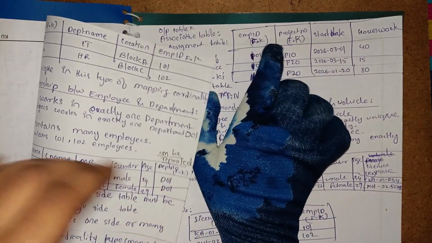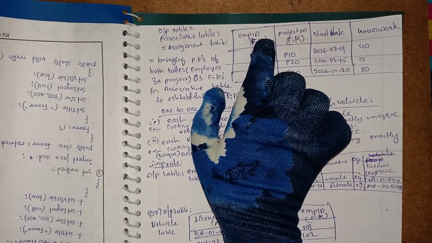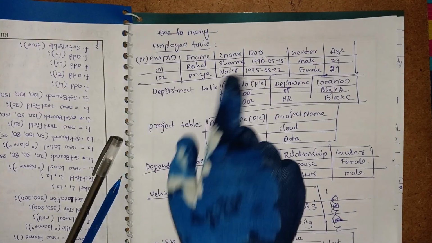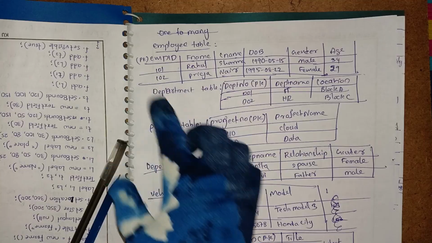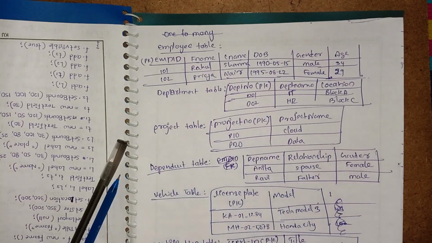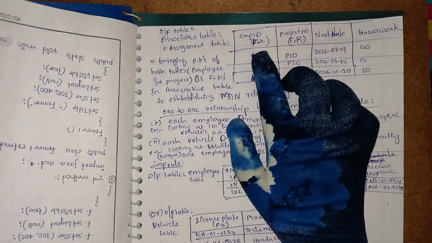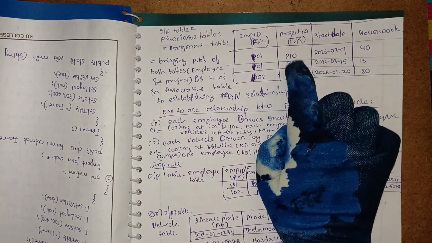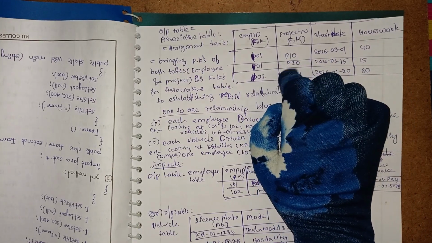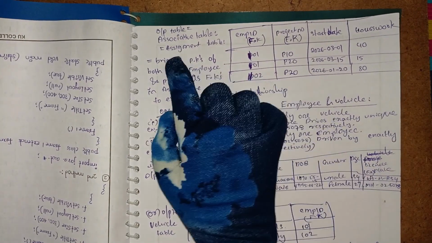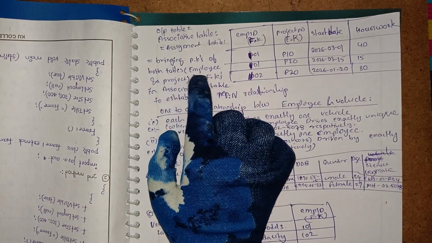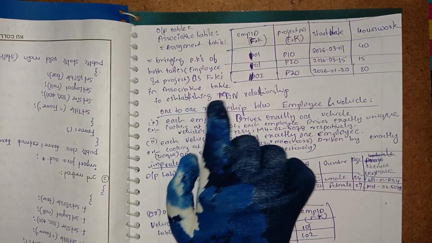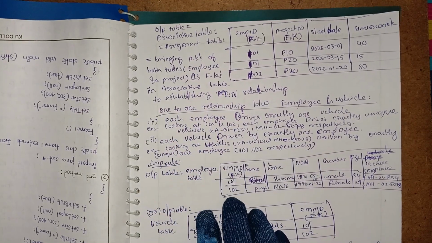How it holds the relationship means it brings the primary keys of both the main tables, employee table and project table, that is employee ID and project number, as foreign keys in this, and here it establishes a relationship. So bringing primary keys of both tables, employee and project, as foreign keys in associative table to establish a many to many relationship.